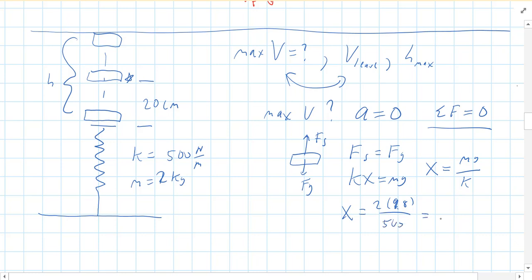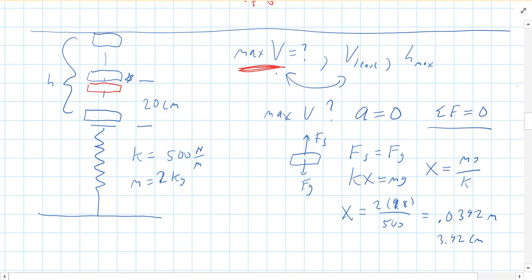If you plug all those in, you get a small number, 0.0392 meters, or 3.92 centimeters. On this picture, it would be right about there. So that's where the max velocity is going to occur.